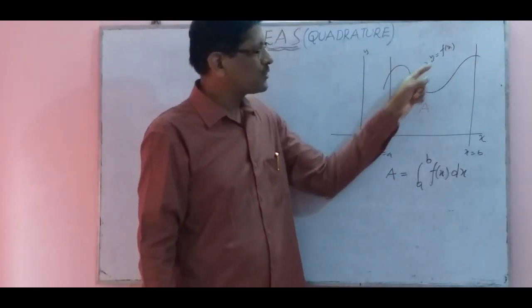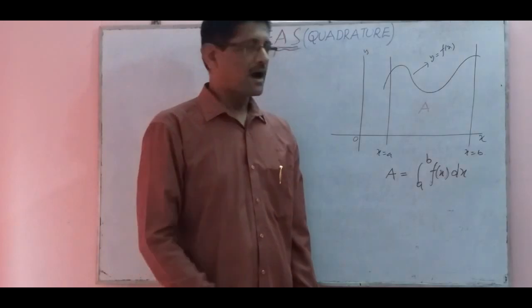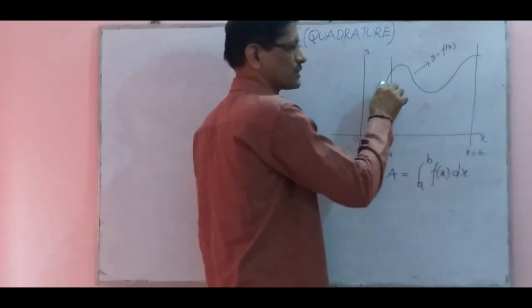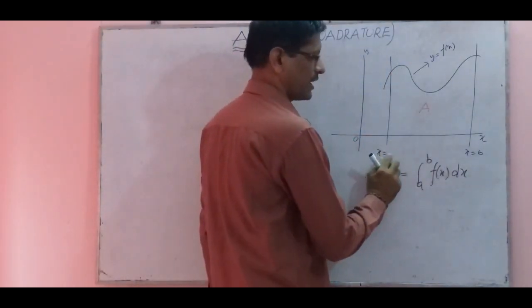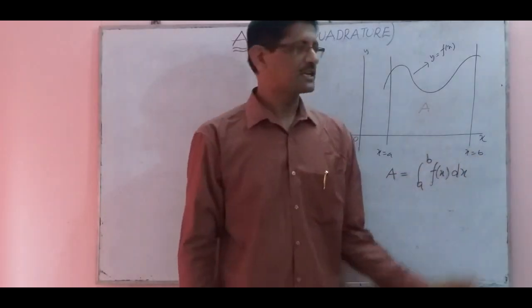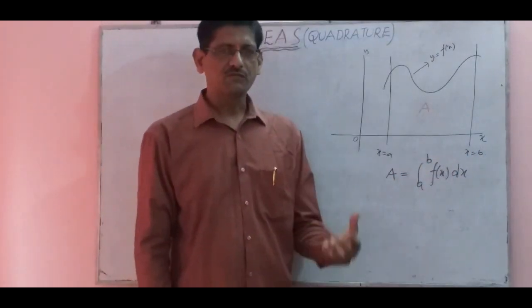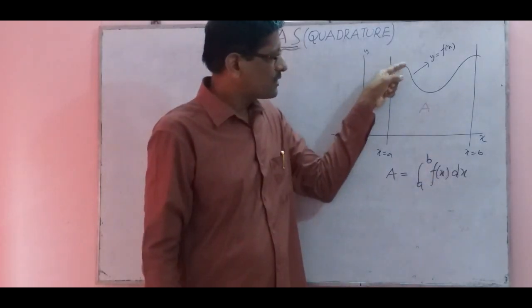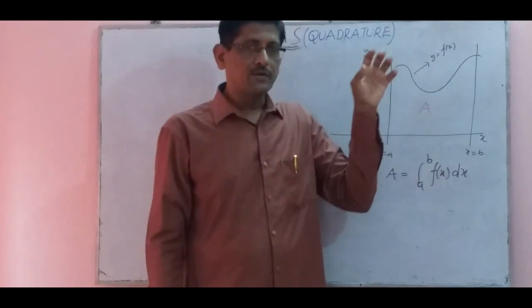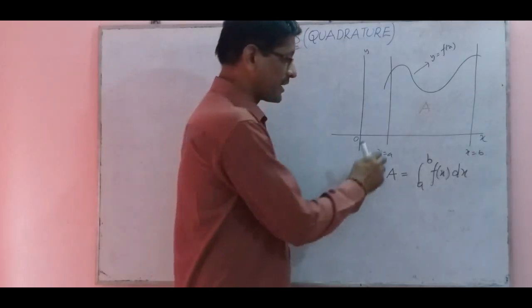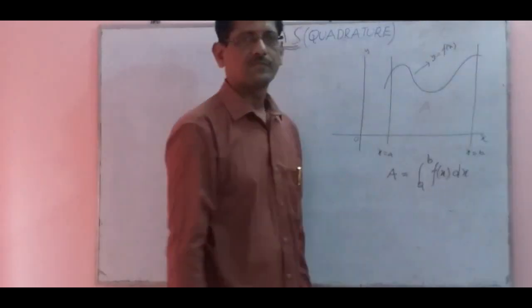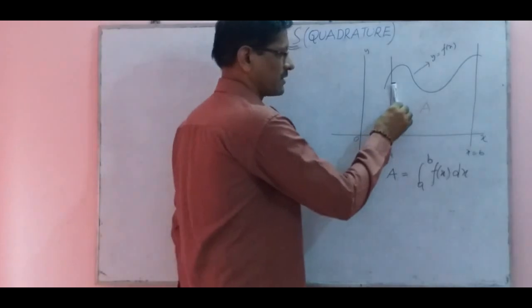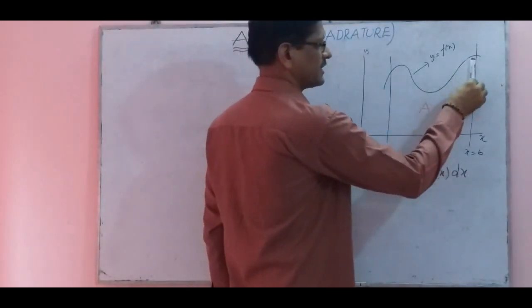Suppose y is equal to f of x is a non-negative continuous curve in the interval a to b. The curve is denoted by f of x or y. So this region represents area.